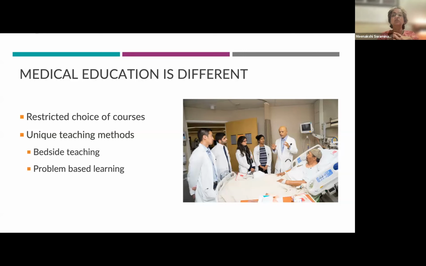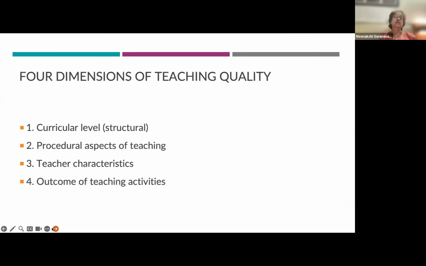Why not just take those questionnaires and use them for our faculty? But if you think about it, medical education is different because we have very restricted choice of courses, mandatory courses that we have to finish, and unique teaching methods, like bedside teaching and problem-based learning, which complement the didactic classroom teaching.